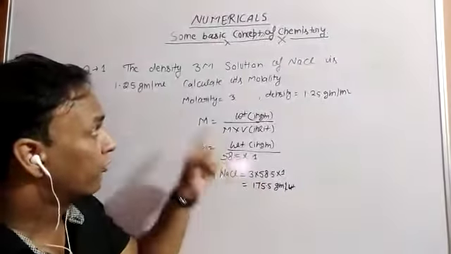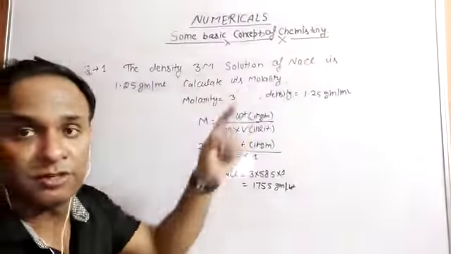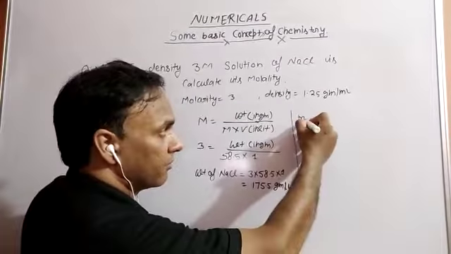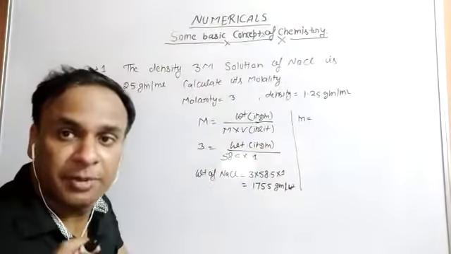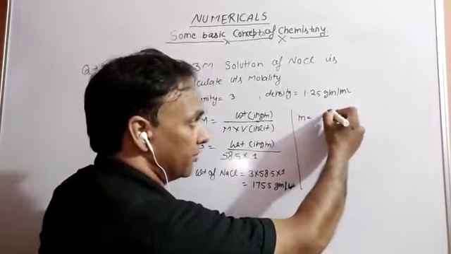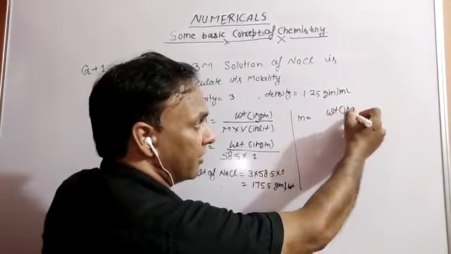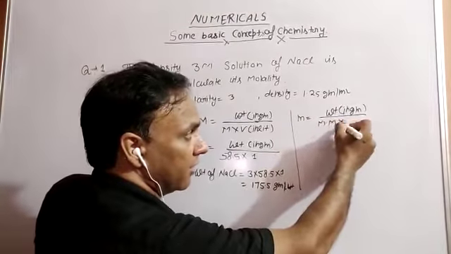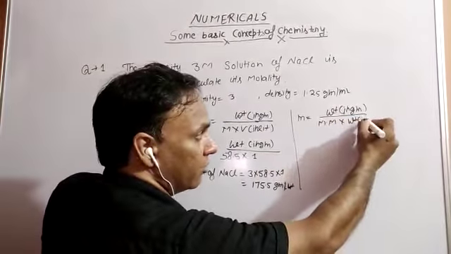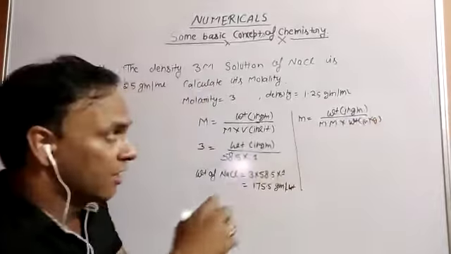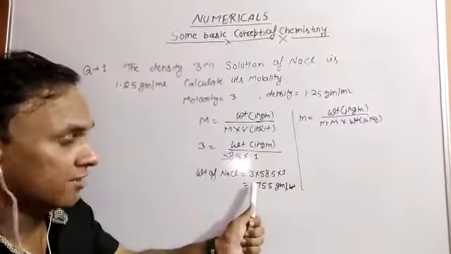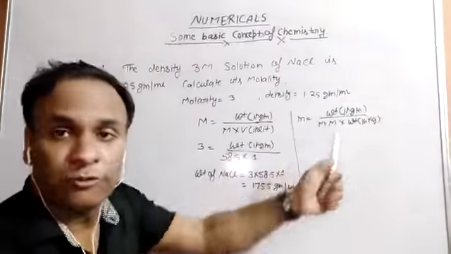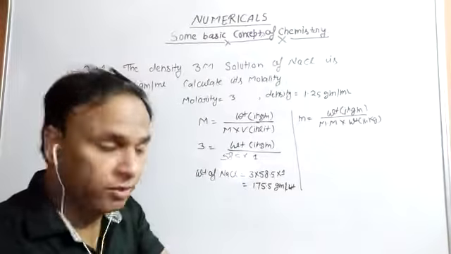And in order to find the molality of the solution, molality is represented by small m, and it is weight in gram upon molar mass into weight of solvent in kg. As I have already found the weight of solute, but the weight of solvent we have to find out.